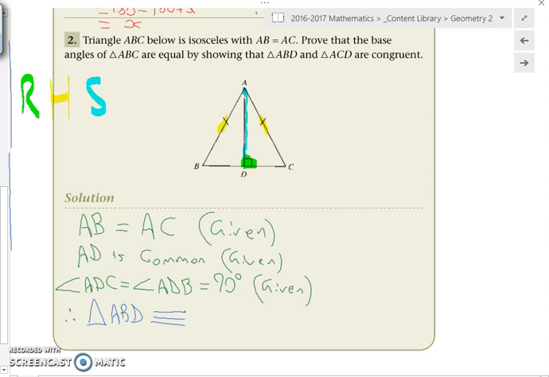It's not just equals, it's really equals. Triangle ABD is congruent to triangle ACD. Then what's our reason for that? Yeah, you can just use RHS. You've done a right angle, you've done the hypotenuse, and you've done a side.